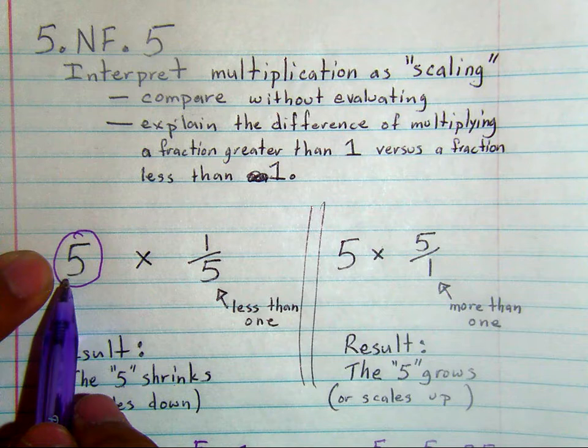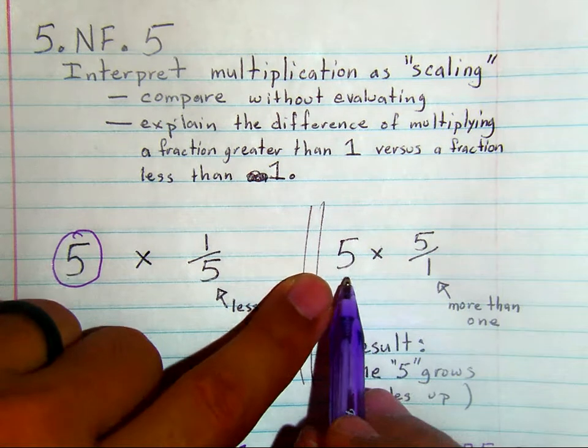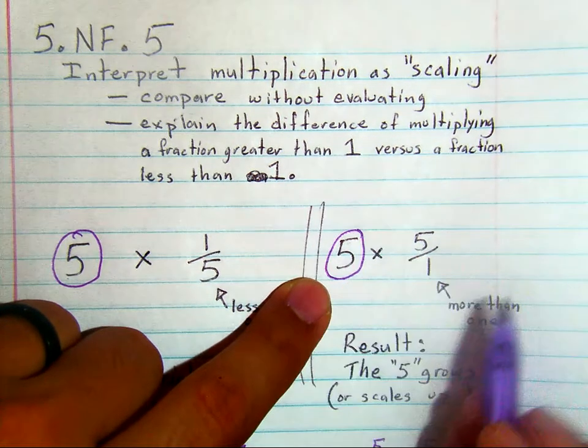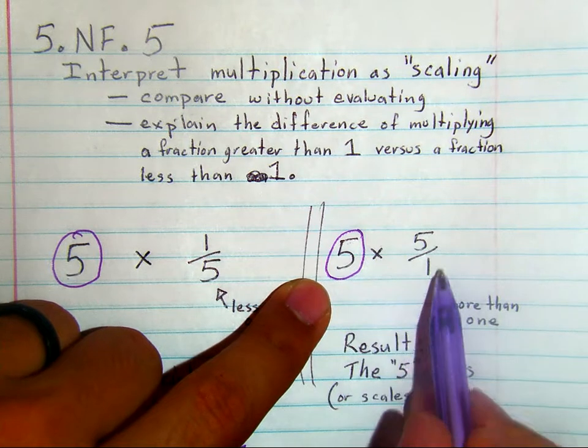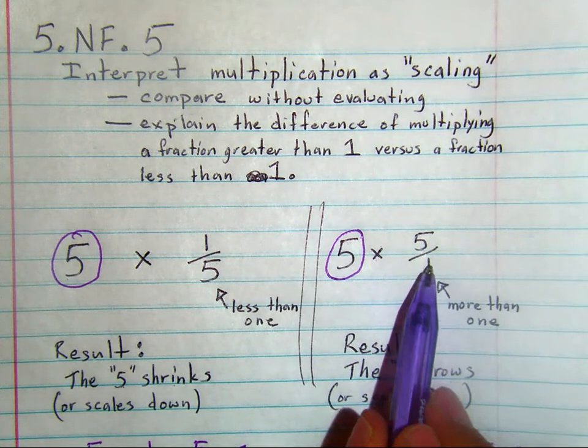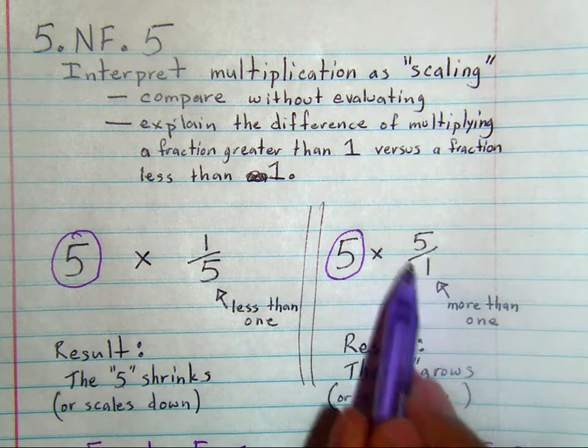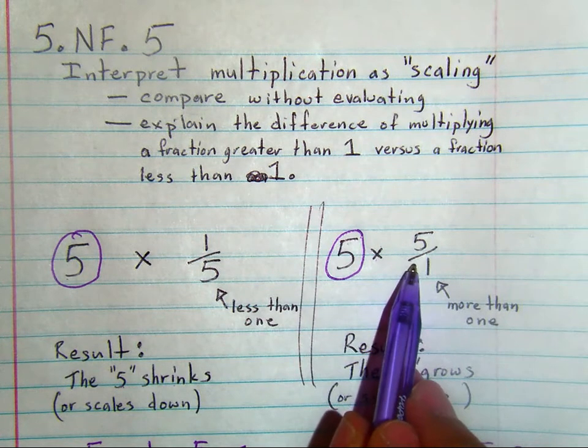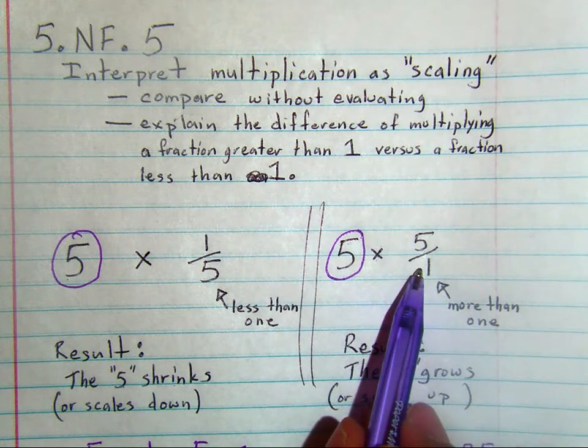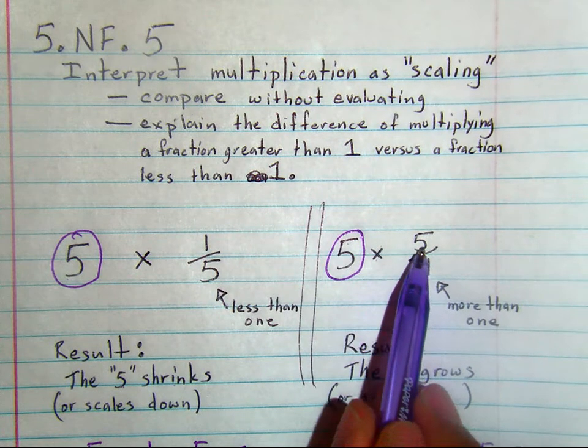it becomes. Likewise, if we take that same 5 and we multiply it times something more than 1, 5 over 1, well, that's the same as just plain 5, isn't it? But it is definitely more than 1. It's a fraction written as more than 1.